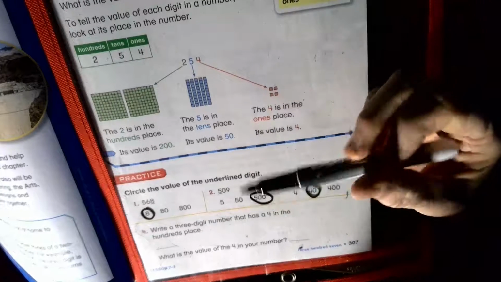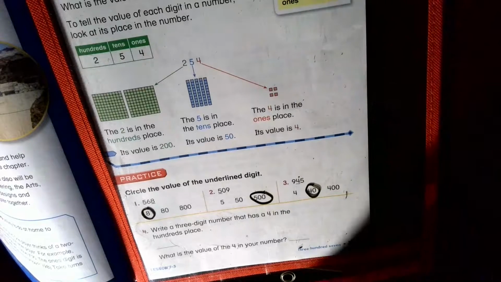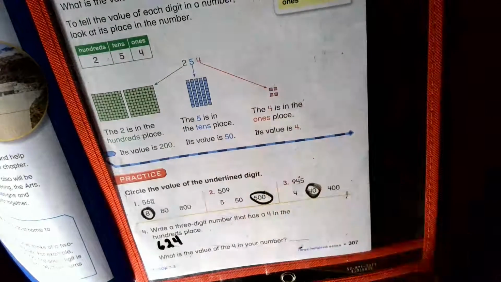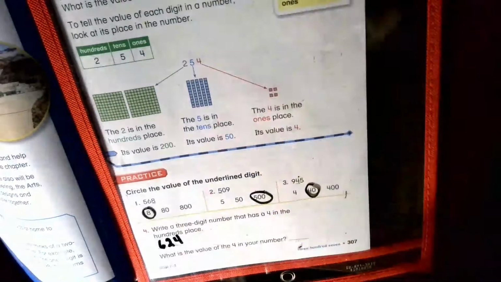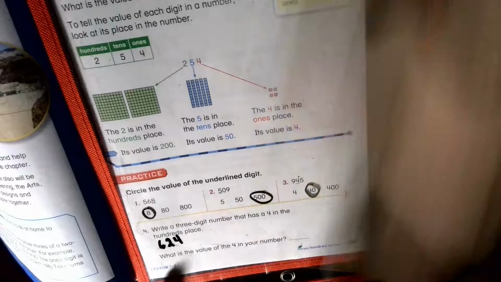Okay. Now, it says write a 3-digit number that has a 4 in the hundreds place. Let's think of a number together. I want to do 624. Is the 4 in the... Oh, it said in the hundreds place. So did I put a 4 in the hundreds place? No, I put the 4 in the ones place. So that's wrong.